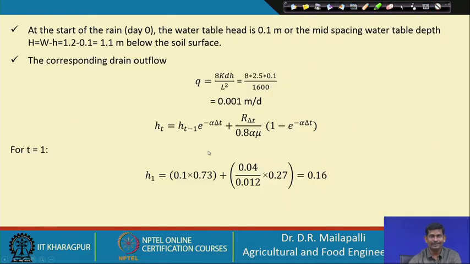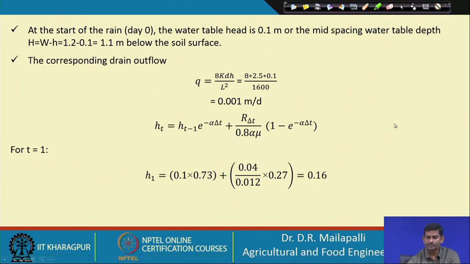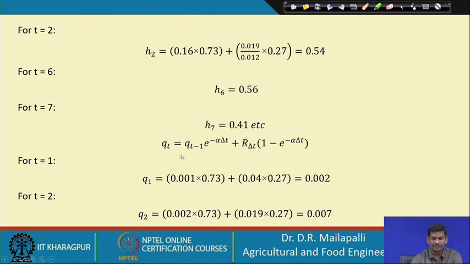So, these are all the calculations you can go through. h1 is estimated by knowing h naught, right. This is h naught, and then other values like e power minus alpha delta t, and this is the recharge, and this is the value you get from here, and this is the value from here. So, finally 0.16, and using h1 you can find out h2, and h3, h6, all similarly, and the Q1, Q2, Q3, Q4 values.